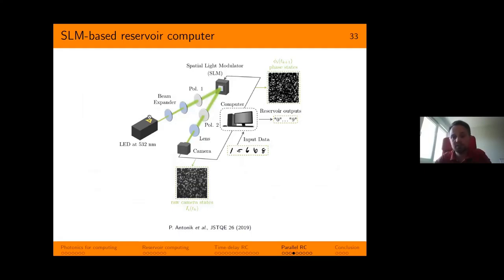So now we're in the visible spectrum at 532 nanometers. It's in free space, so we need to expand and collimate the beam to the right size. And the right size is to cover the surface of the SLM, which is approximately 1 square centimeter. So we have lenses here, and we have a lens here to actually focalize the image on the camera at the end.